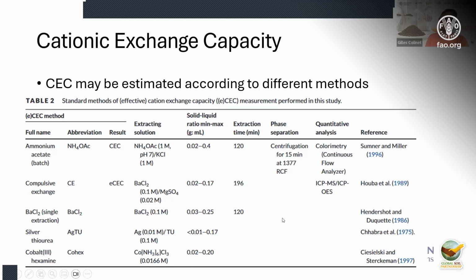So the compounds that you put into the exchange do not modify the pH. Here, with the first one, you force the system to be at pH 7. And so they will give different kinds of results. One is buffered, and the other one is at the pH of the soil.